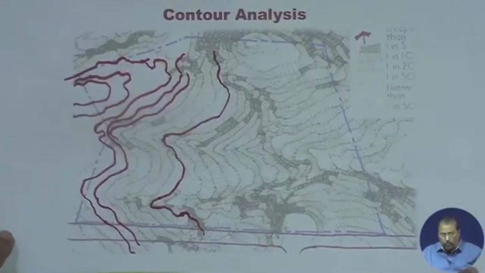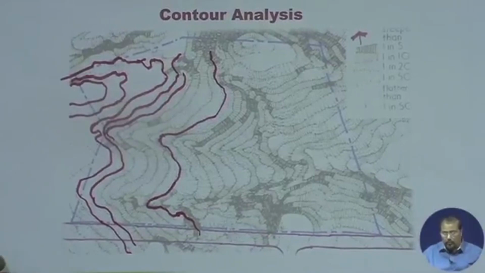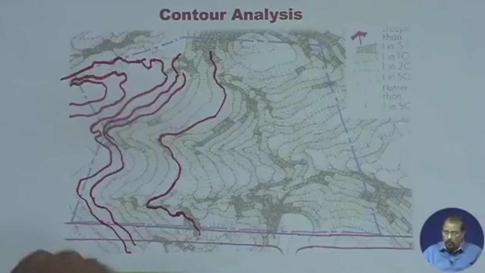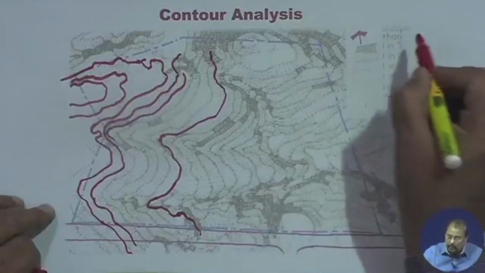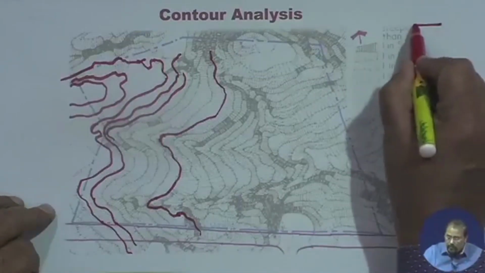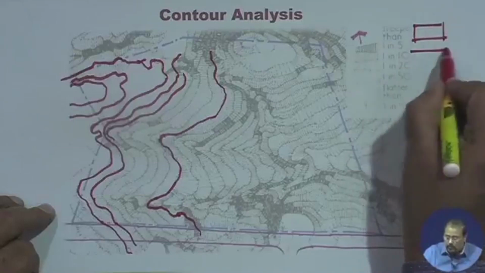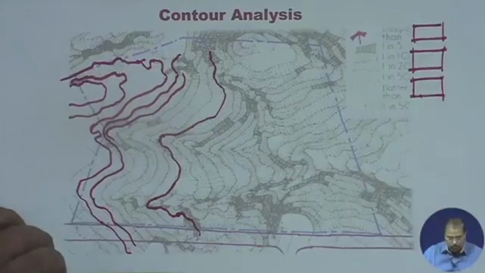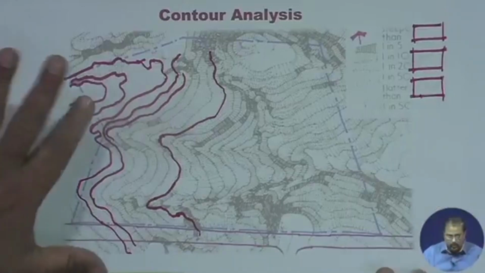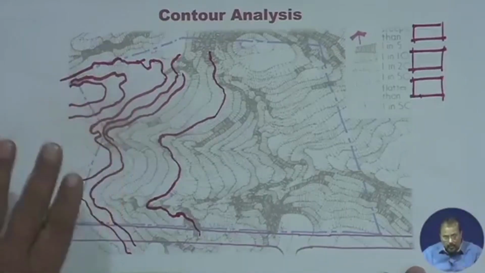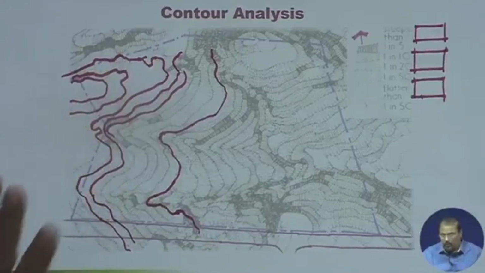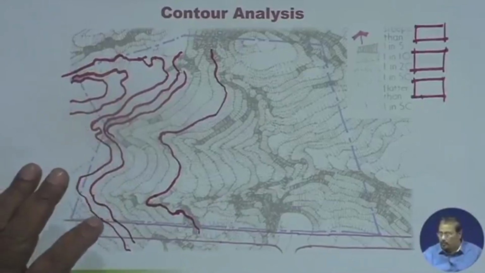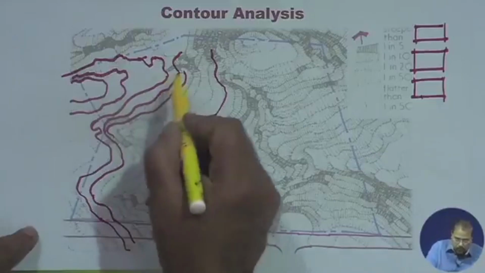Now, how do you go for this contour analysis and what will it give you? In contour analysis, you make a specific legend where every level is drawn on this particular box, and each of these contour plates has a different color. An example, let me show you on this.